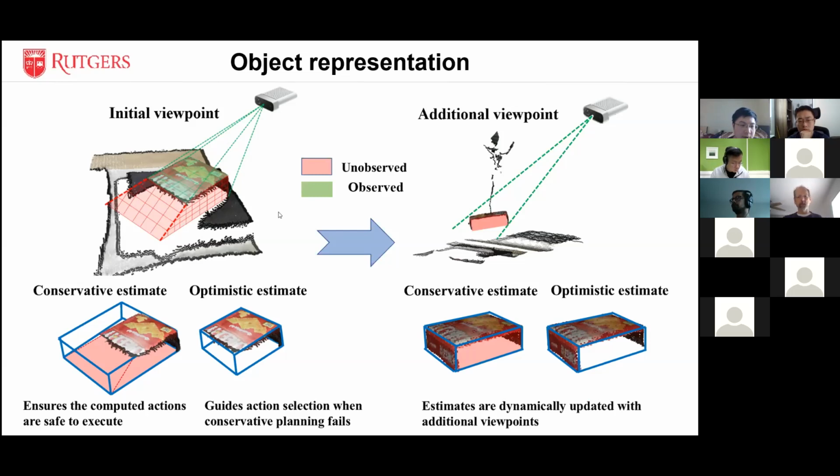The conservative estimate is computed by considering the unobserved part as well. This ensures the computed actions are safe to execute, because the collision checking is based on a larger, more conservative estimate. The optimistic estimate only considers the observed part, and it will guide the action selection when conservative planning fails. Also, when the manipulator is moving the object in front of the camera and we have additional viewpoints, the estimates will be dynamically updated.